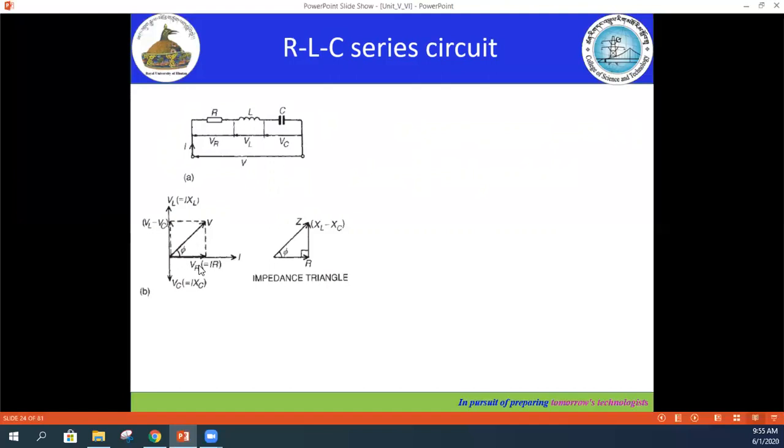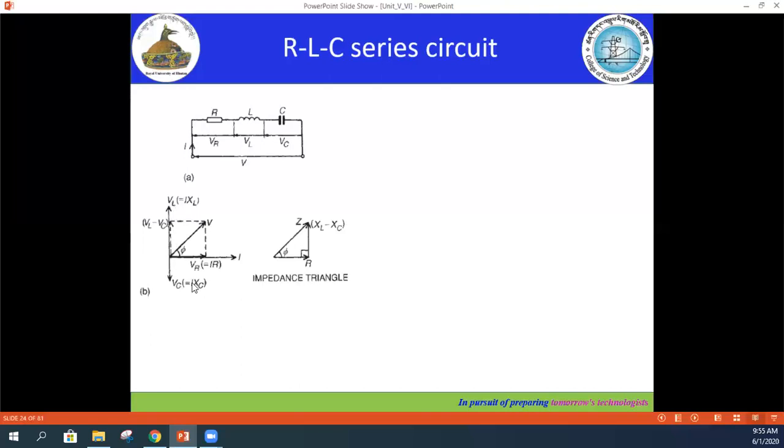We have VR on the x-axis, and then the resultant voltage V. In order to find the height of this triangle, from this VR tip to this voltage V, it will be the sum of VL and VC.